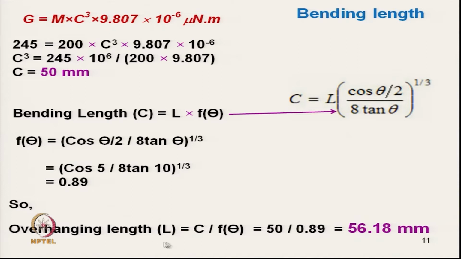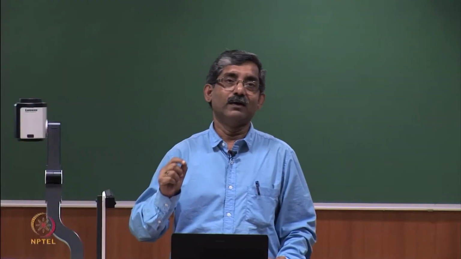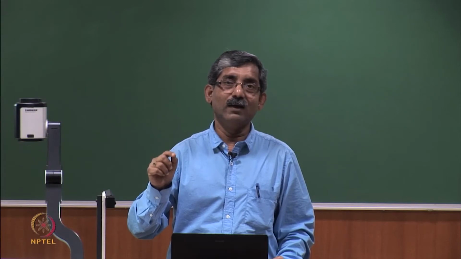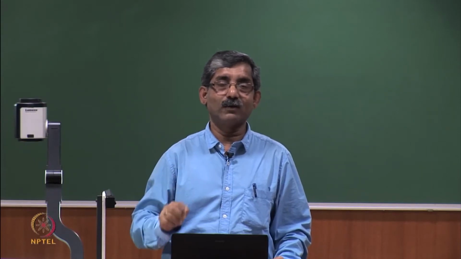If we know the value of C is 50 millimeter, then 50 by 0.89 comes out to be 56.18 millimeter. Which means that we need a 56.18 millimeter overhanging length for the tip of the fabric to reach 10 degree below the horizontal plane.